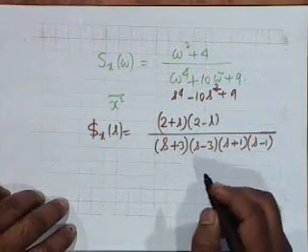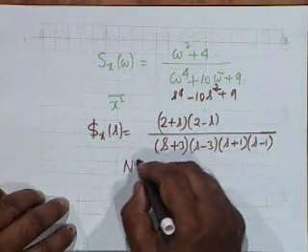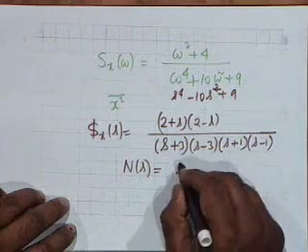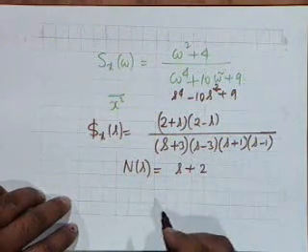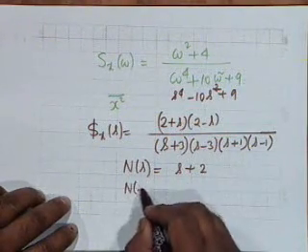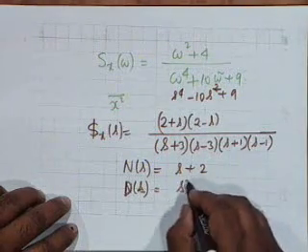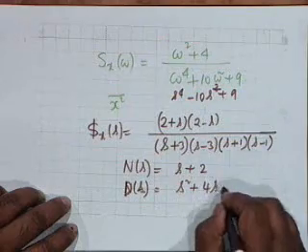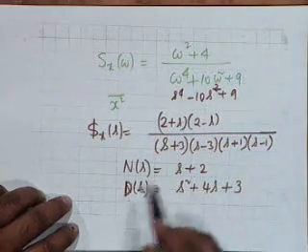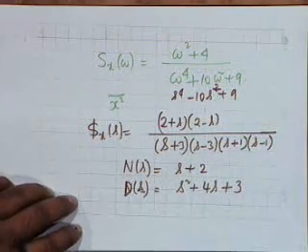Now what is your N of s? Obviously N of s is s plus 2, and D of s is s squared plus 4s plus 3, that is s plus 3 multiplied by s plus 1.